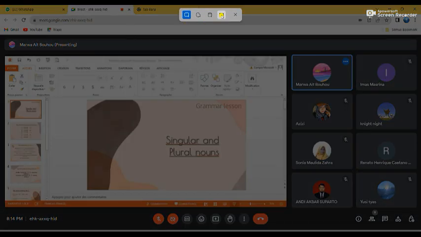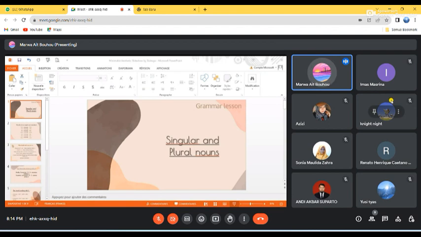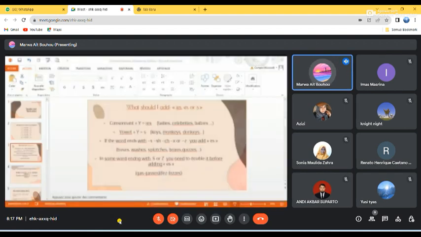Personally, and also so many other people, we are confused between whether we have to add IES or ES or S. So that's why I looked for the lesson, and I made a little summary so we can remember the most important rules that we can follow while we are talking, or maybe writing S, ES, or IES when we pluralize a singular noun.